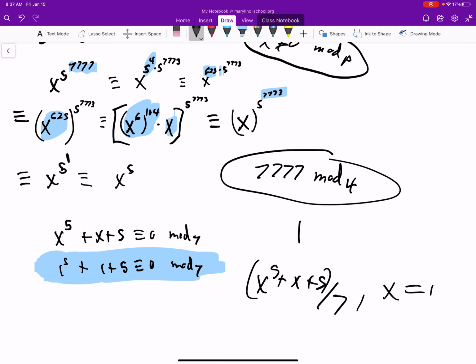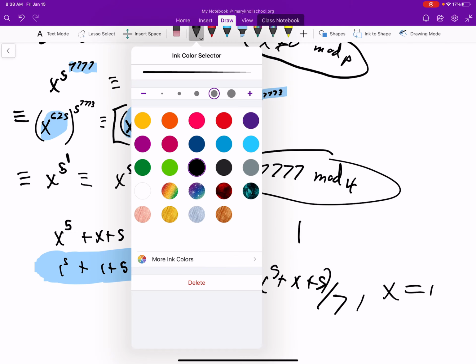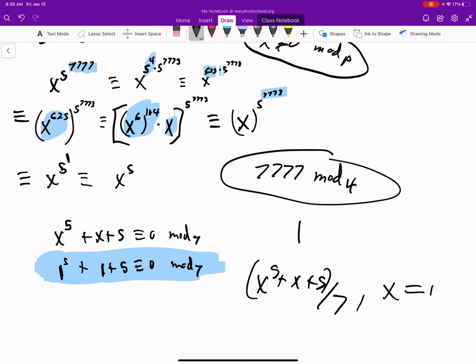And then I found if you get a natural number value or an integer value, then you know that that's a solution, because that mod 7 should end up being an integer value. For example, if you have the 1s in here, you end up with a 1 there, a 1 there, 5 here. You end up with 0 mod 7, because 1 plus 1 plus 5, 7 divides that.